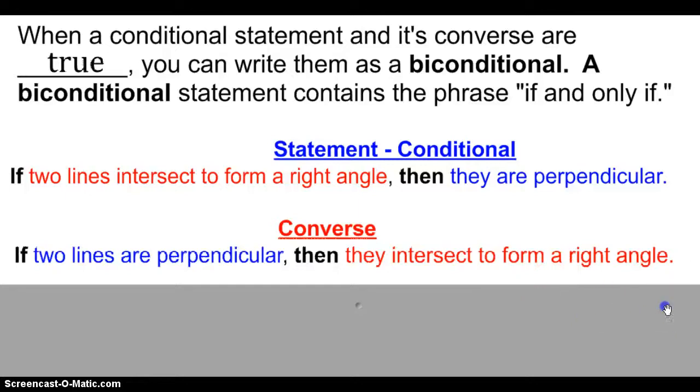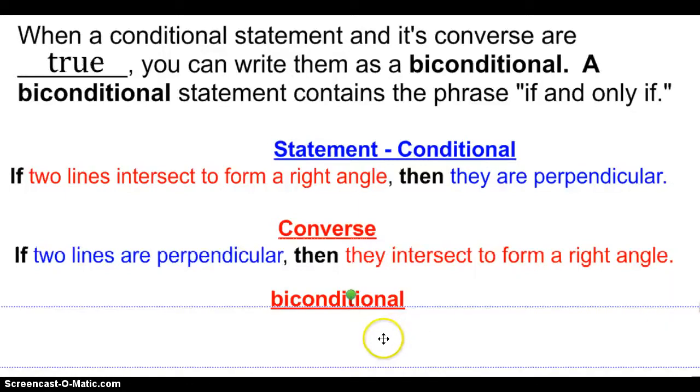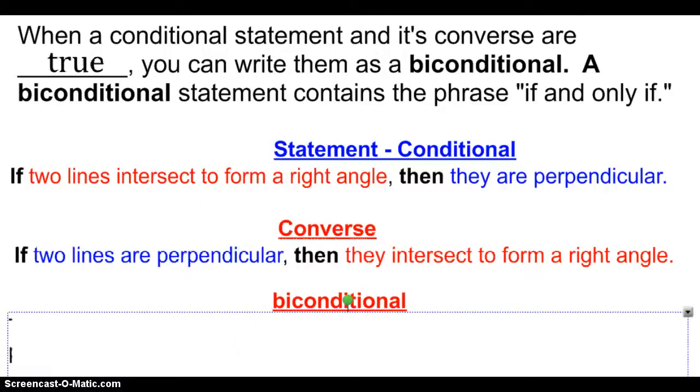So my biconditional, which is what this video is about, just writes the conditional. Sorry, I messed up a little bit. A biconditional is your conditional. If your conditional and your converse are both true, then you basically are writing a definition, and that's what a biconditional is.